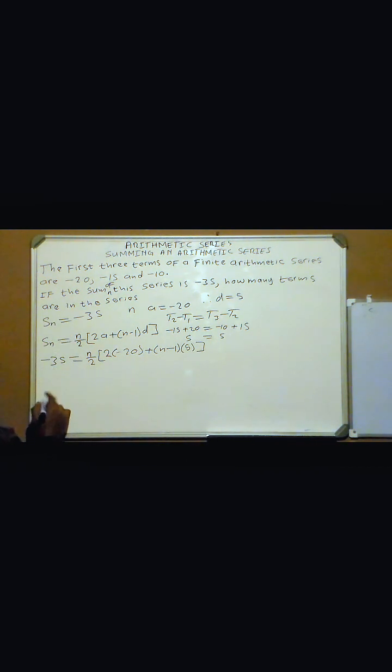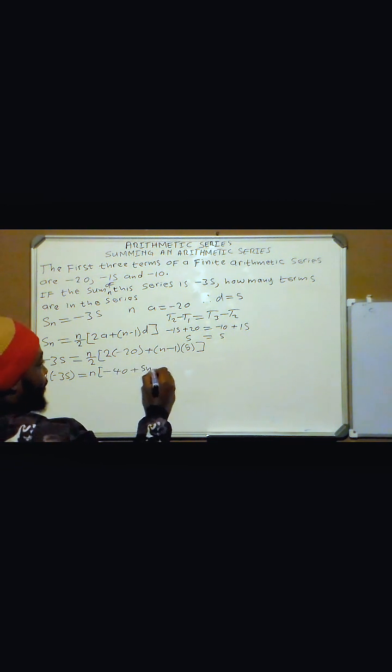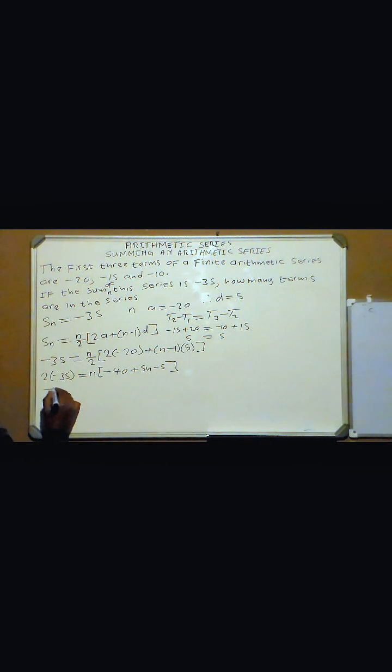Then I'll cross multiply, so we would have 2 multiplied by negative 35 equal to n multiplied by negative 40 plus 5n minus 5. So this is negative 70 equal to n multiplied by 5n minus 40 minus 5, so negative 70 is equal to n multiplied by 5n minus 45.